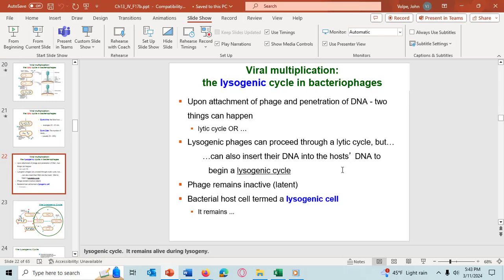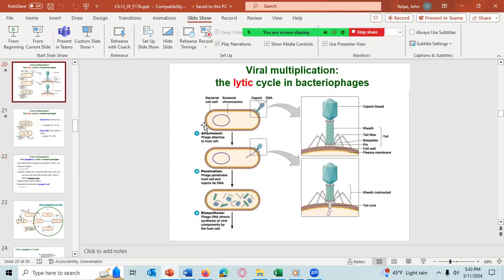If it enters the lytic life cycle, then we just follow the lytic life cycle that I just talked to you about, meaning the virus injects its genome into the cell, immediately decides to enter the lytic life cycle. It replicates the virus, lyses the cell, releases the new virions.